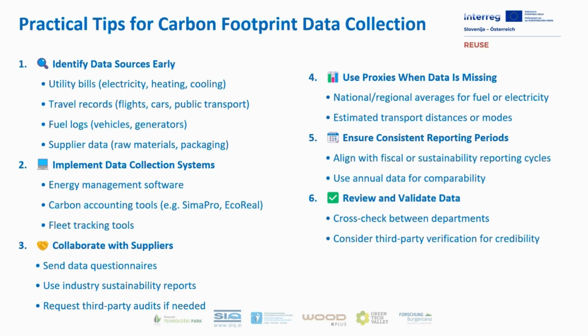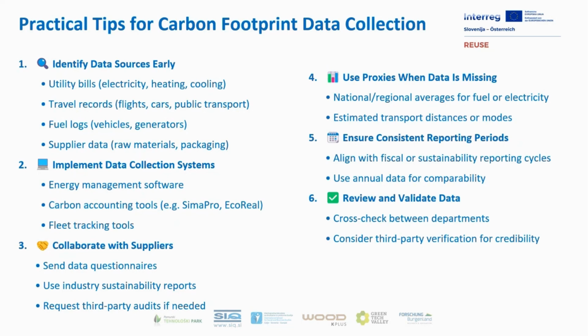Use industry reports when direct supplier data isn't available. These often include average emission figures you can use as a proxy. In some cases, hire third-party auditors to help gather and validate data from complex or critical supply chain stages.